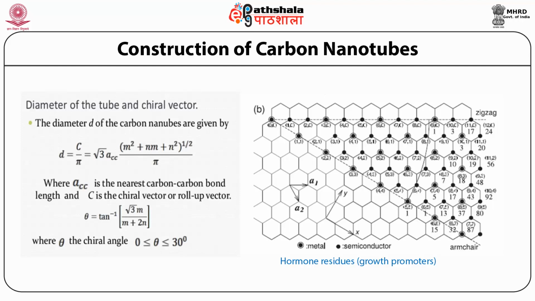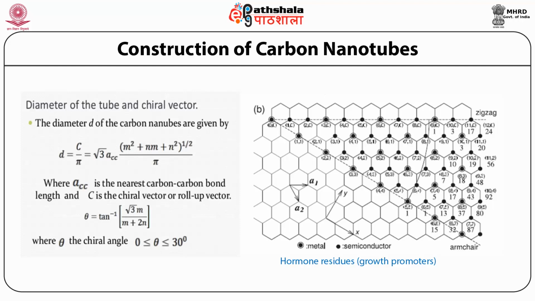As I discussed already, C is equal to n a1 plus m a2. So one can write d equals root 3 a_cc in bracket m squared plus nm plus n squared to the power half, by pi. So diameter can be calculated mainly from n, m values and the carbon-carbon distance. Therefore, one can get a variety of single wall nanotubes of different diameter.